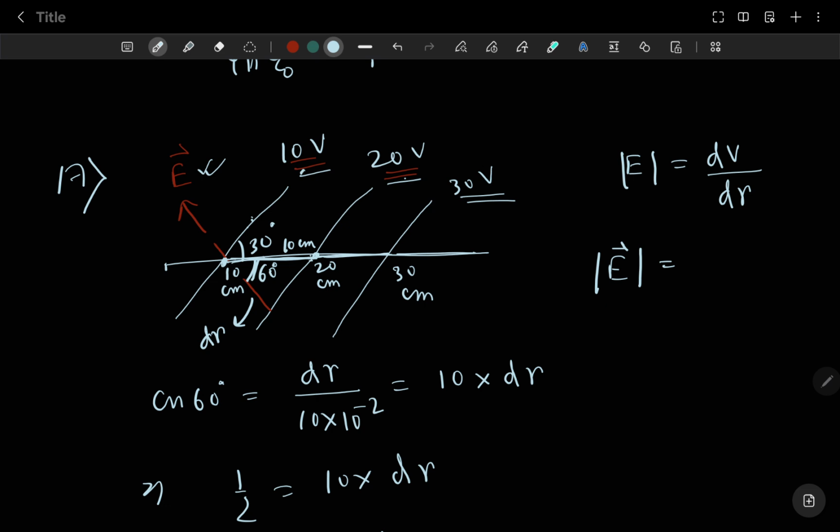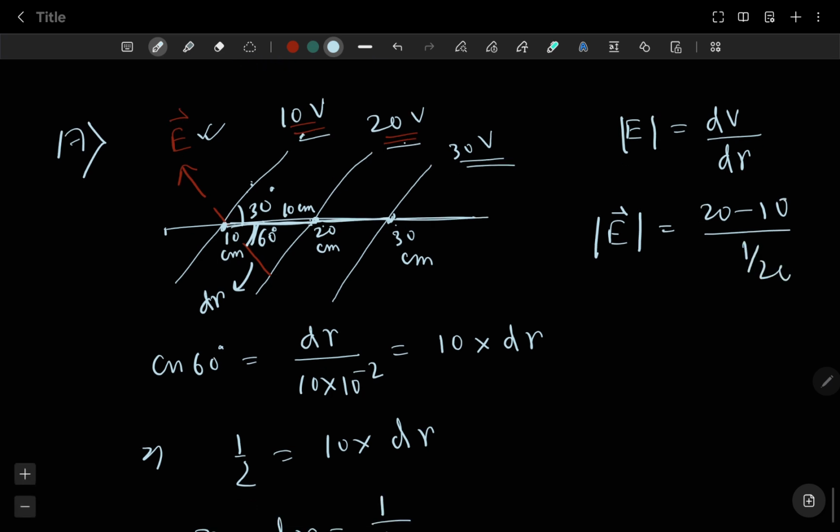If you consider the second case, then 30 minus 20. It is still the same at all intervals. So it is 10 volt, 20 minus 10, and dr is 1 by 20. So the magnitude of electric field will be 10 into 20, that is 200 volt per meter.